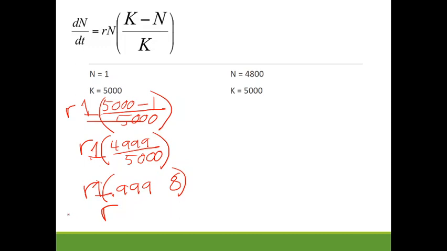So then the change in the population size, this dN over dt, is going to equal r times 1, because just remember this 0.99999 is essentially just 1, right? So let's say up here r equals 0.1.